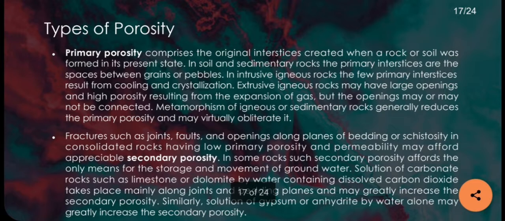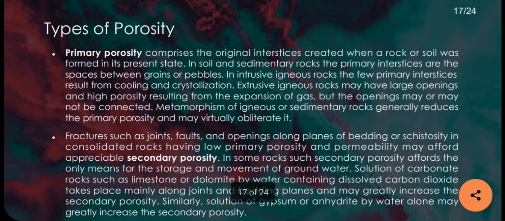So next, there are two types of porosity. Primary porosity comprises the original interstices created when a rock or soil was formed in its present state. In soil or sedimentary rock, the primary interstices are the spaces between grains or pebbles.